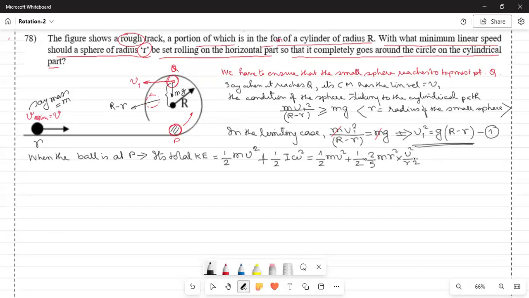If we do that, this is equal to half mv square plus, here the 2 and 2 get cancelled, r square gets cancelled, so 1 by 5 mv square. The LCM of 2 and 5 is 10, then we have 5 plus 2, 7 by 10 mv square.